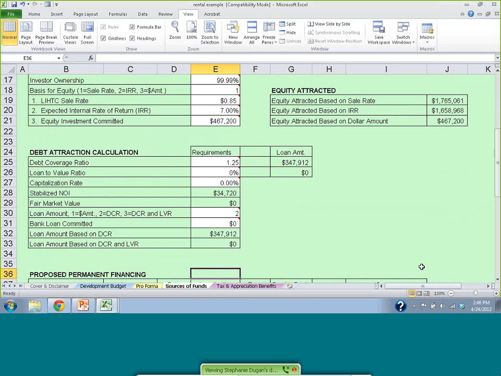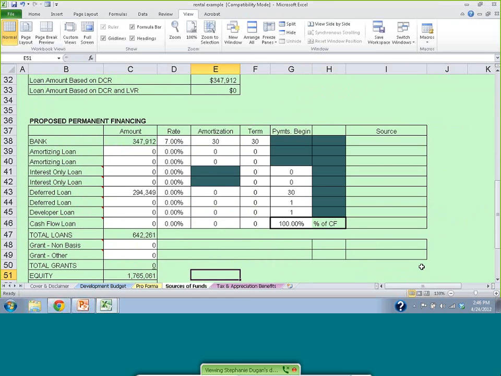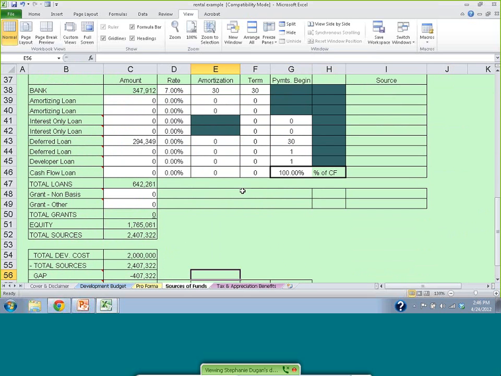If equity goes up by that amount, then we no longer need the deferred loan. And in fact, we've got some extra money for additional reserves, or our tax credits would be reduced by the allocating agency. So you can see very quickly how we can change assumptions and adjust those assumptions, and we can see what happens to the project based on that information.